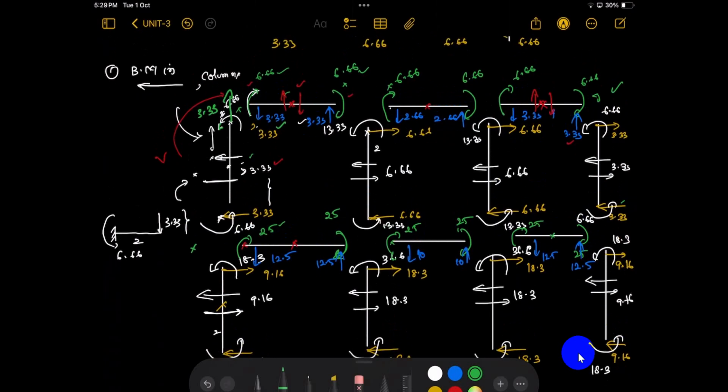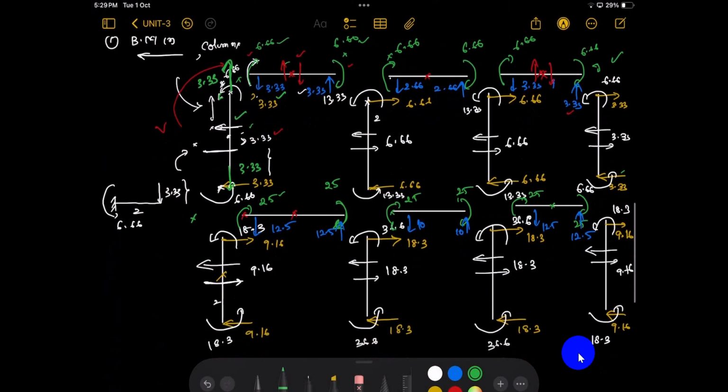For this column only, you can consider this column's equilibrium. This is 3.33 upwards. To maintain equilibrium of that column, this must be 3.33. Then only the column is in equilibrium. Otherwise, it's in kinematic equilibrium. Okay, that must be 3.33.